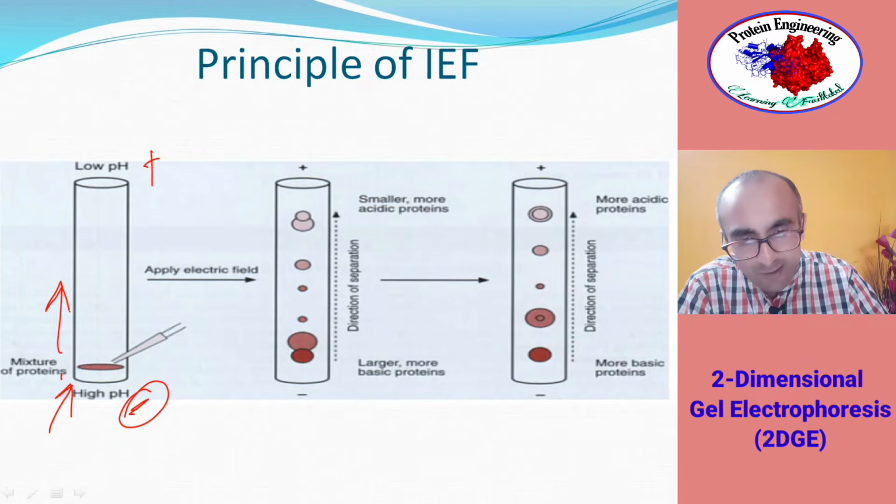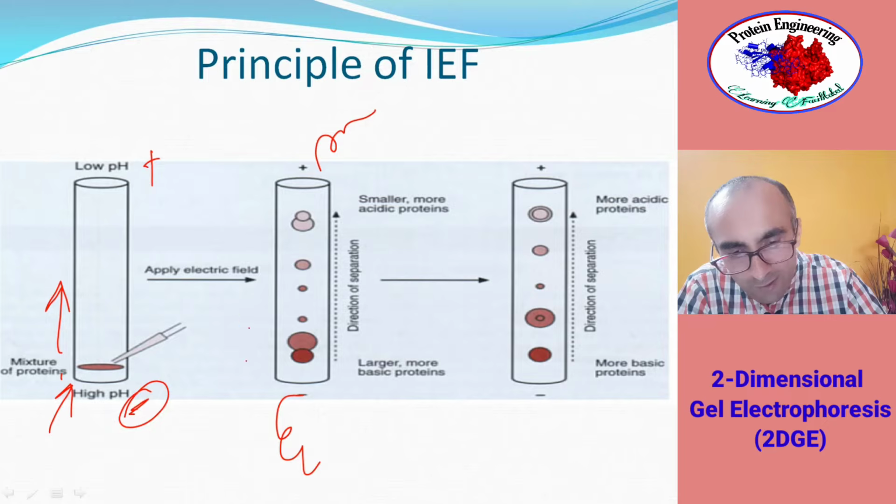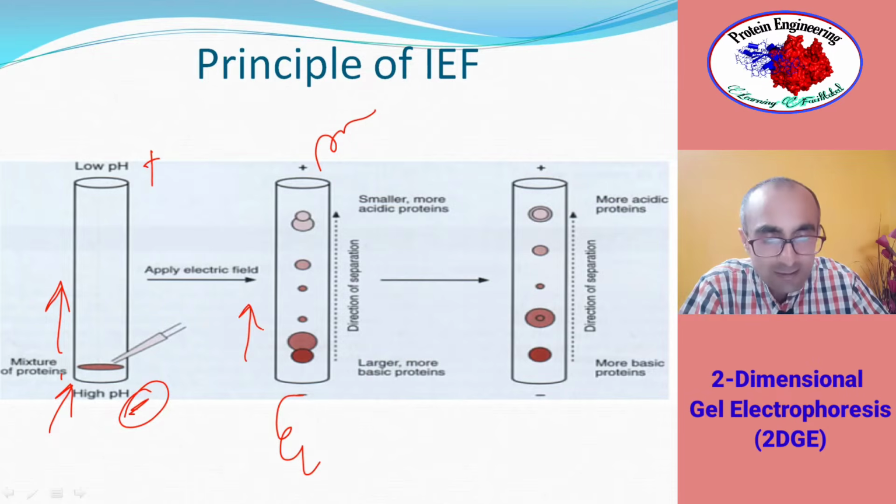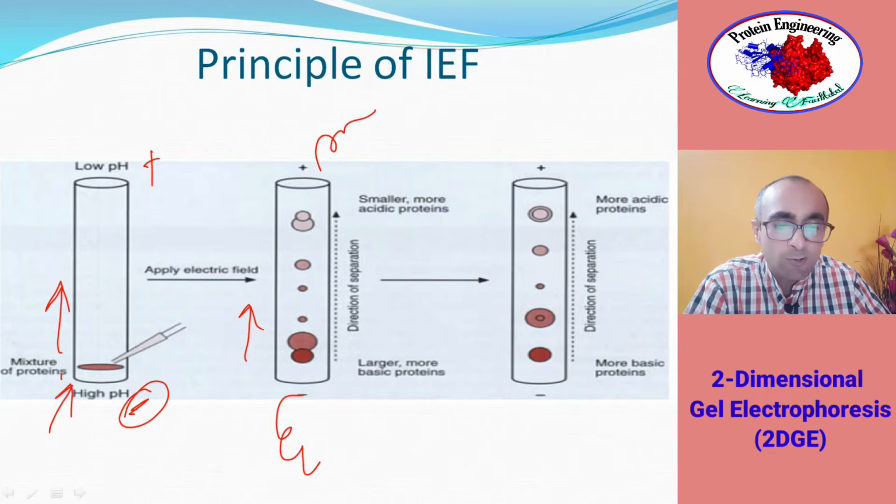Protein will start moving when you apply the electrical field, because all the proteins are negatively charged, so they will move across the pH gradient, and across the gel the high molecular weight proteins will naturally move slower in comparison to the small molecular weight proteins.